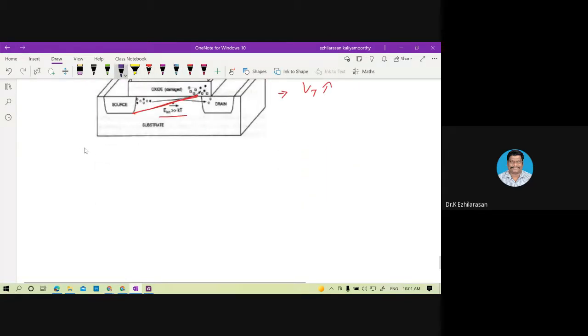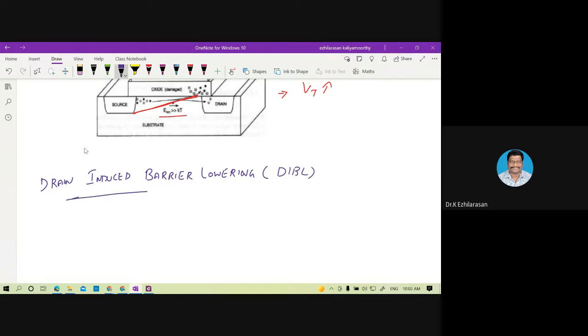Next parameter is drain induced barrier lowering, DIBL for short.